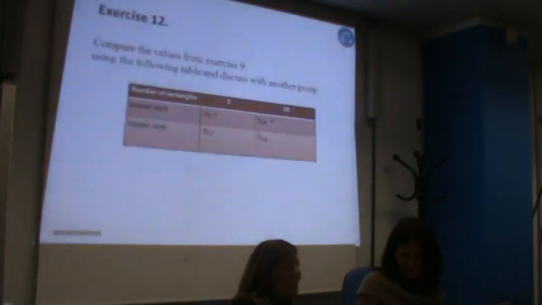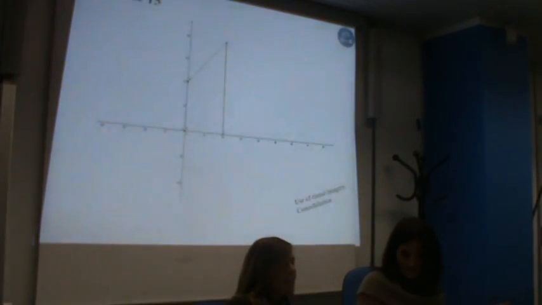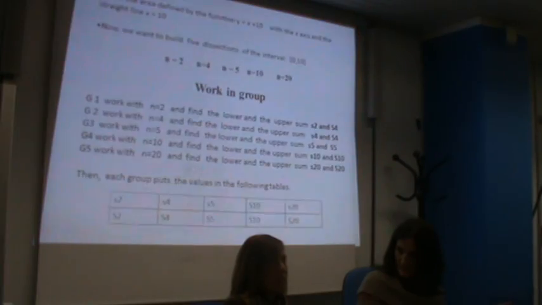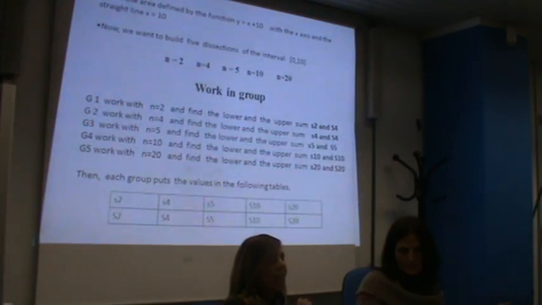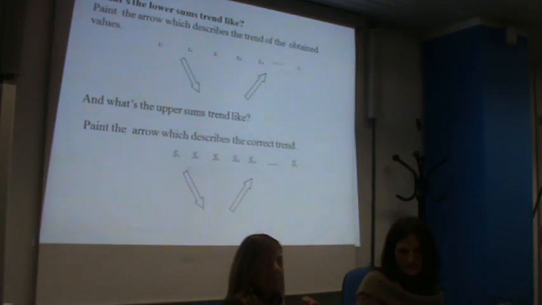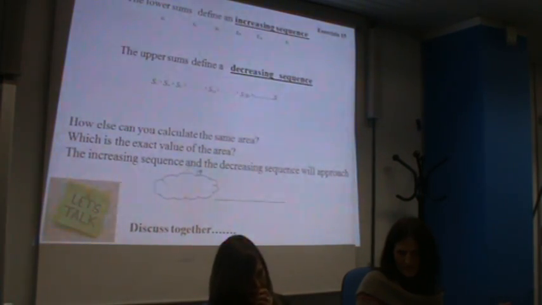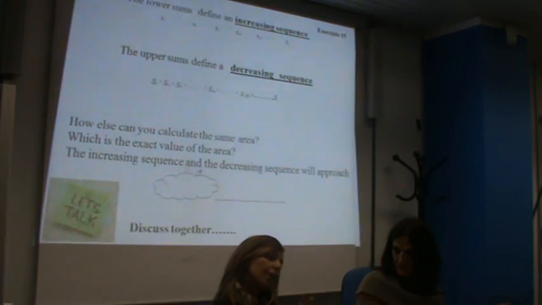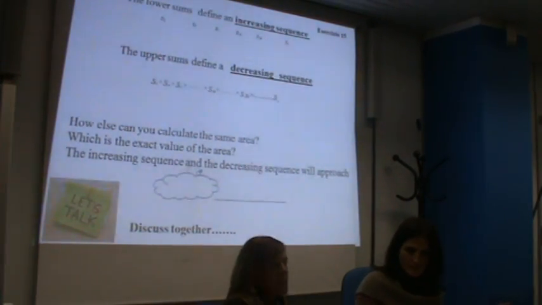Okay. Now we are going to the last exercise of this middle phase, that is exercise 15, where they work in 5 groups, so that at the end they can understand the trend of the lower sums and the trend of the upper sums, and definitely they notice that the area is always between an increasing sequence and a decreasing sequence.